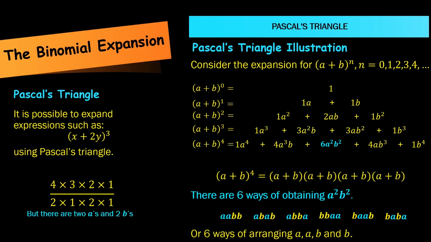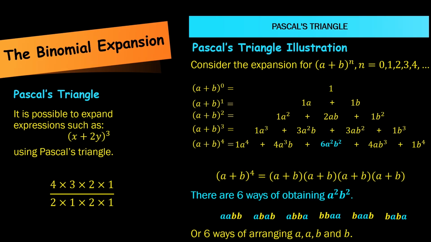But we have 2 A's and 2 B's that we're arranging. And of course, the number of ways of filling 2 spaces is 2 times 1. And the number of ways of filling 2 spaces here is 2 times 1 also, because we're considering 2 A's and 2 B's.